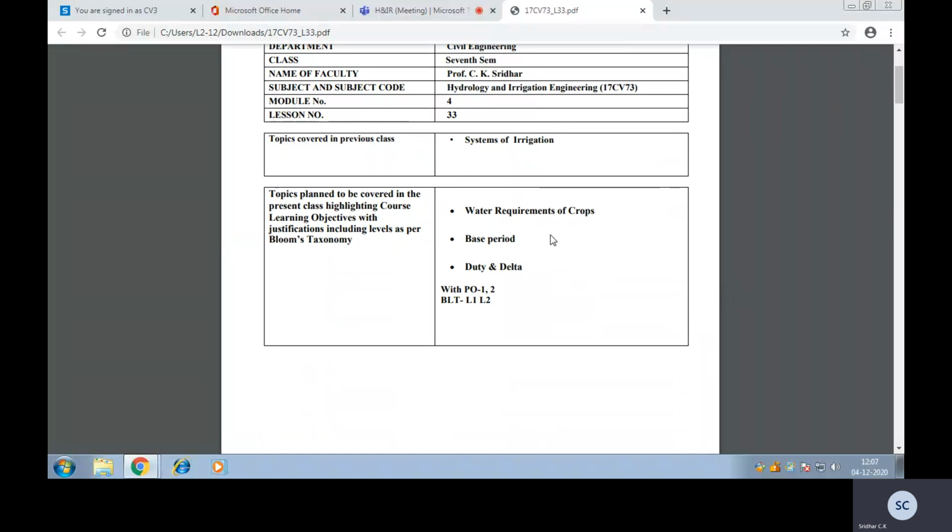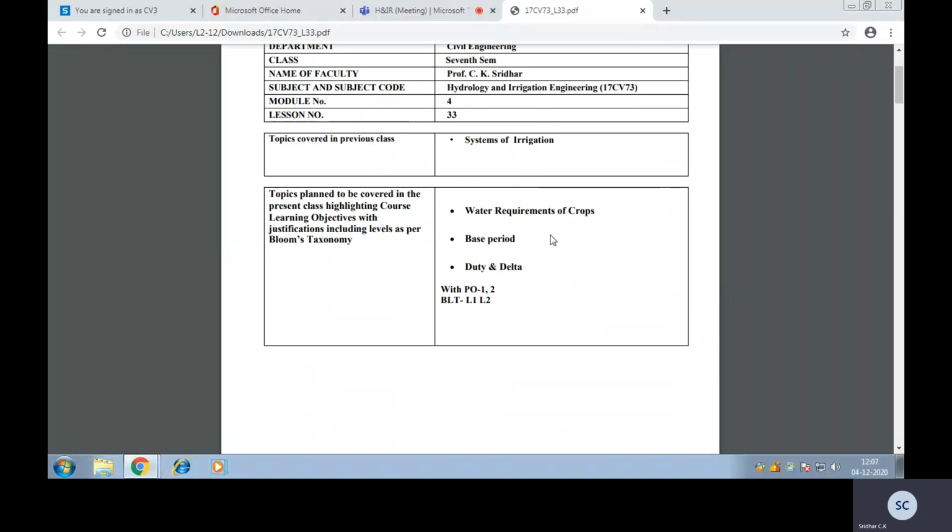Now let us come to the base period or the crop period. In the context of calculating the total depth of water required for the entire period from the sowing to the harvesting, this period we usually call the period of crop. And there are two terminologies: one is crop period and the other is base period.